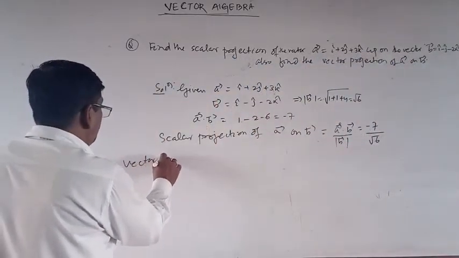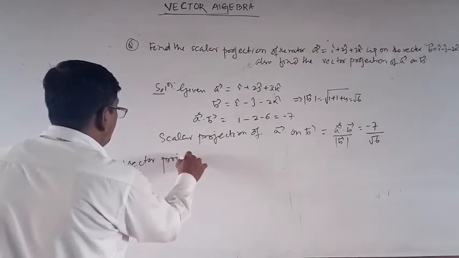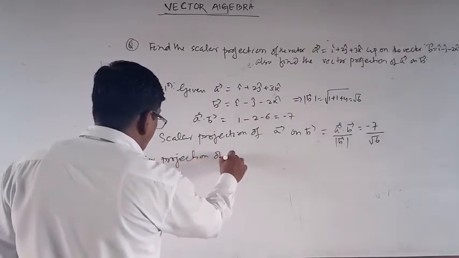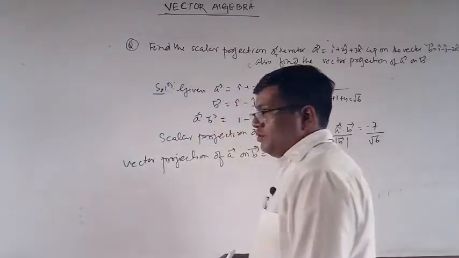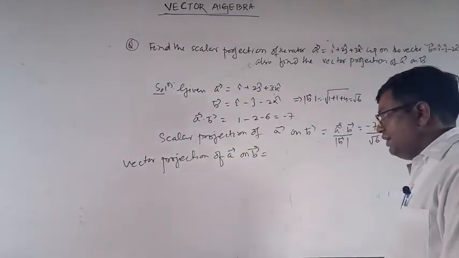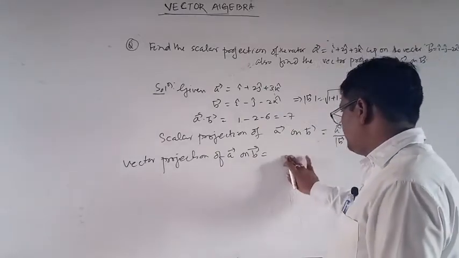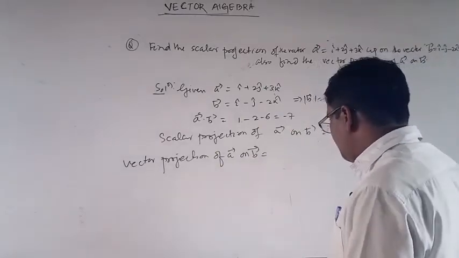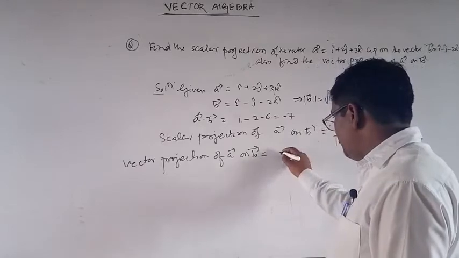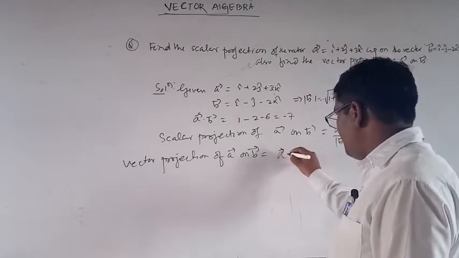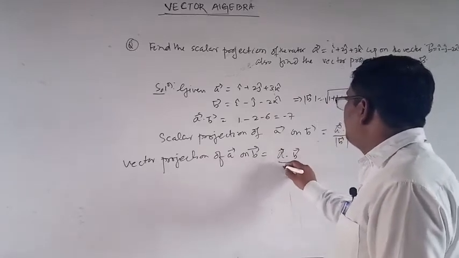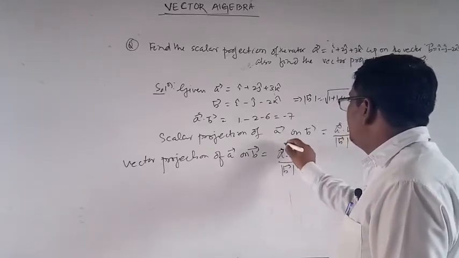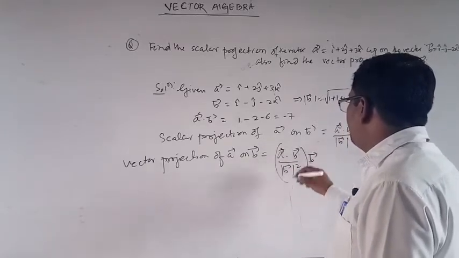Vector projection of A on B is equal to what? A dot B divided by magnitude B square, simply multiplied by B vector.